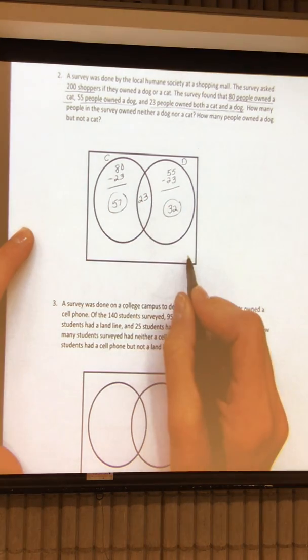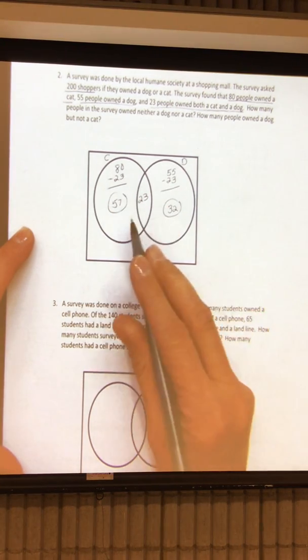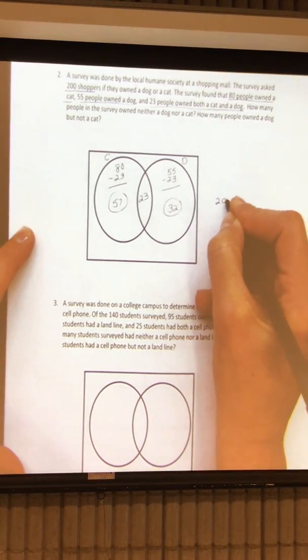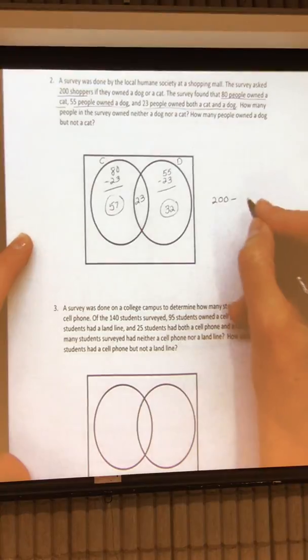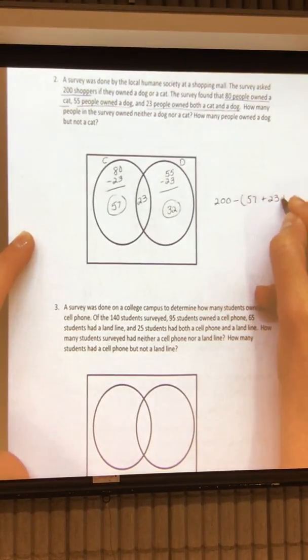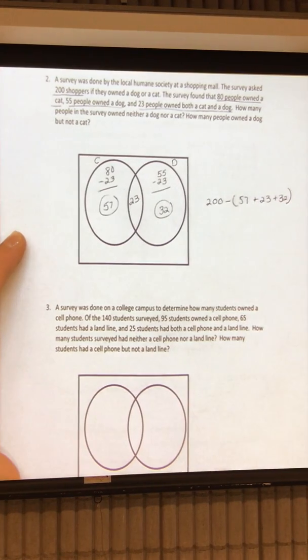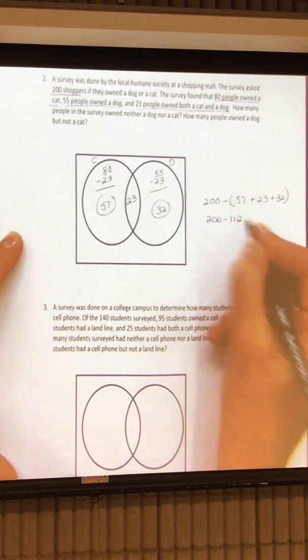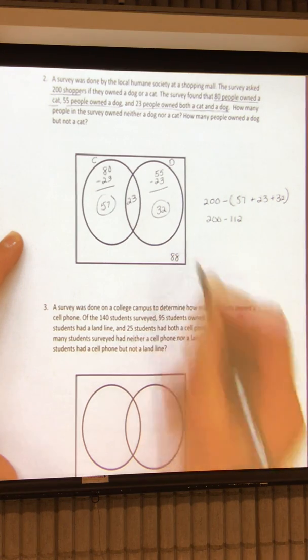And on the outside, let's calculate the total. So here we have 200 total minus 57 plus 23 plus 32. So here we have 200 minus 112, which is 88.